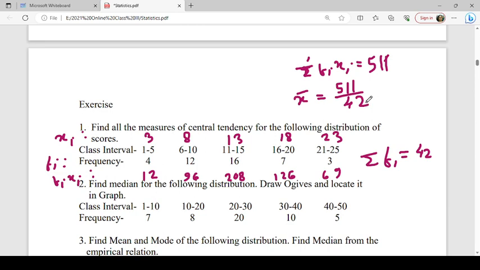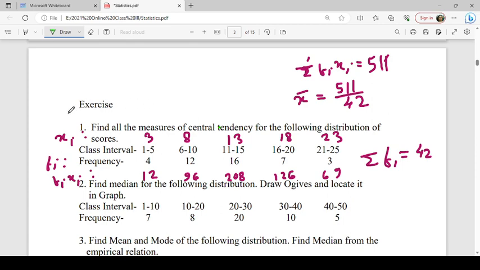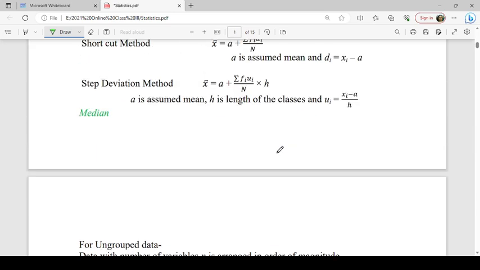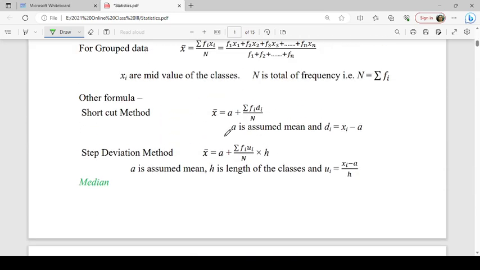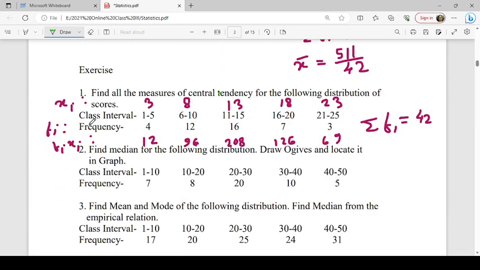So this is our mean using this formula. Then if we consider the second formula, we need di, with a as the assumed mean. A is a value in between these x, so from 3 to 23 we choose one value a. Let us take a equal to, say, 13.